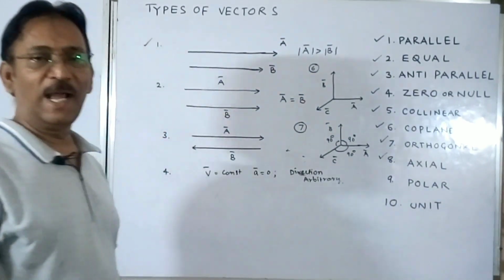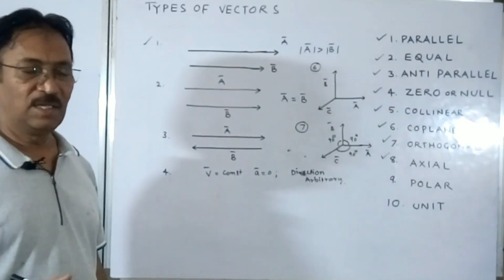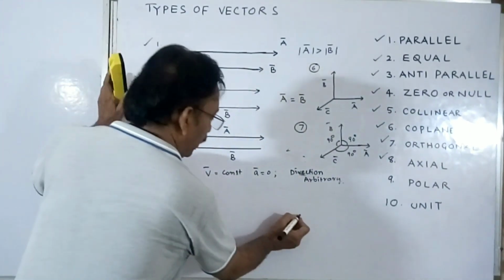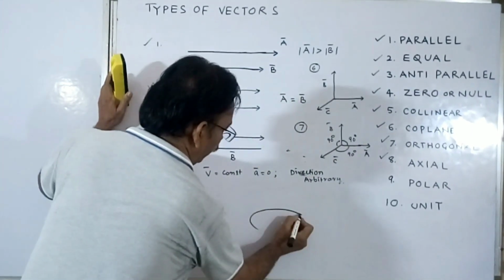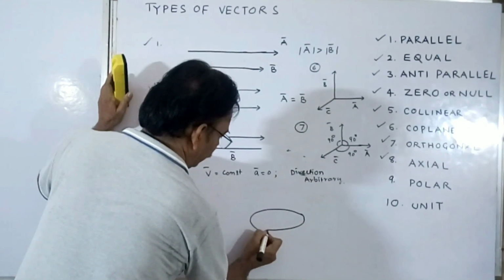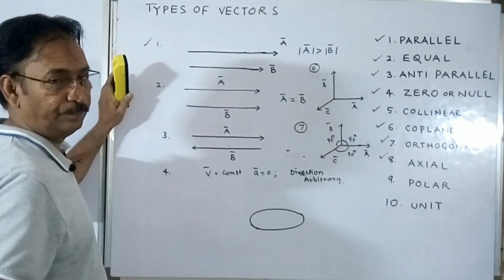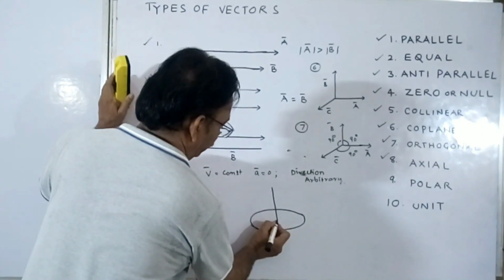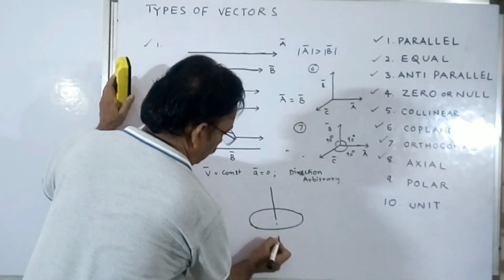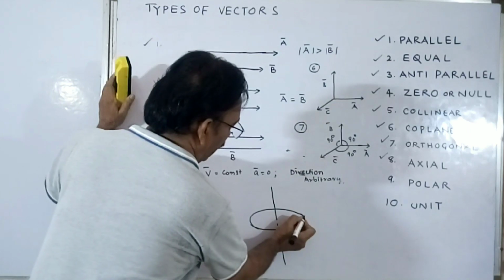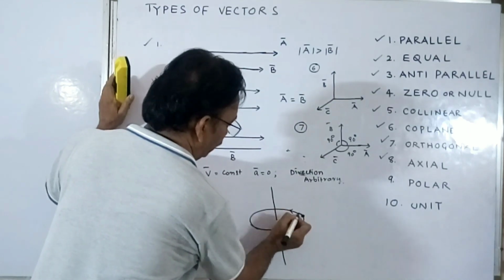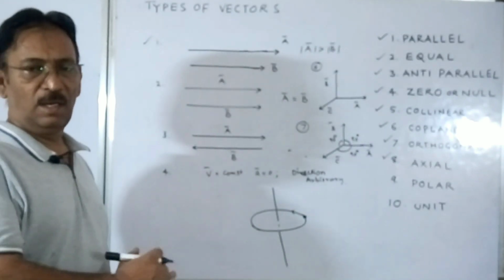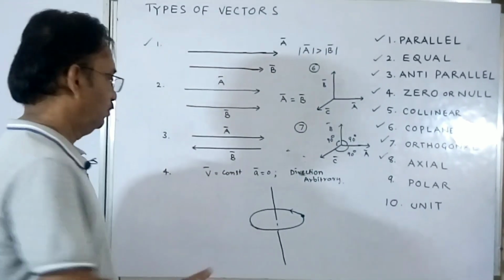Then after, a very important one. We are talking about axial vectors. What is an axial vector? You have to understand. For example, say it is a circular path, and we took an axis. A particle is moving in the circular path. Such things come when we learn about circular motion.